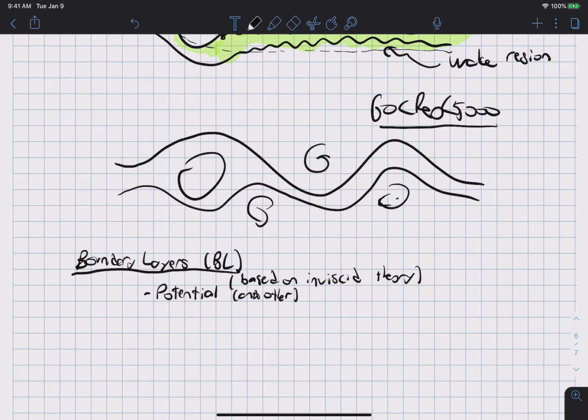Potential and other flow theories are useful to find pressure drag, and you do this in aero. But to get the skin friction, or even understand the influence of viscosity on the flow field, you need a different theory.